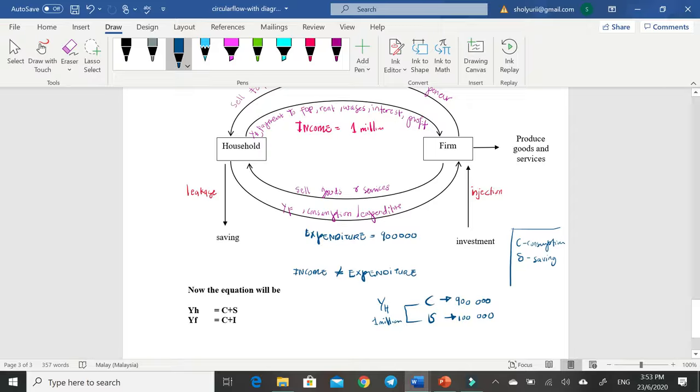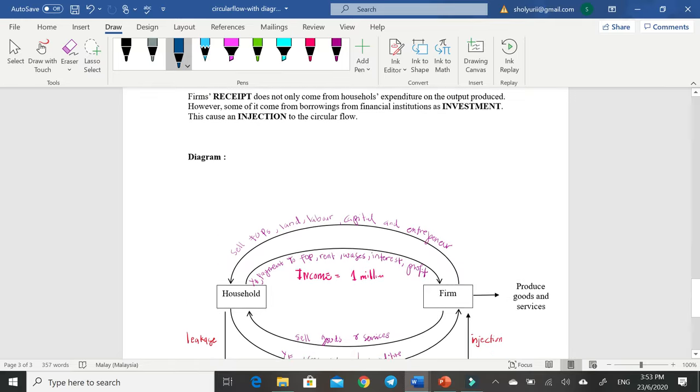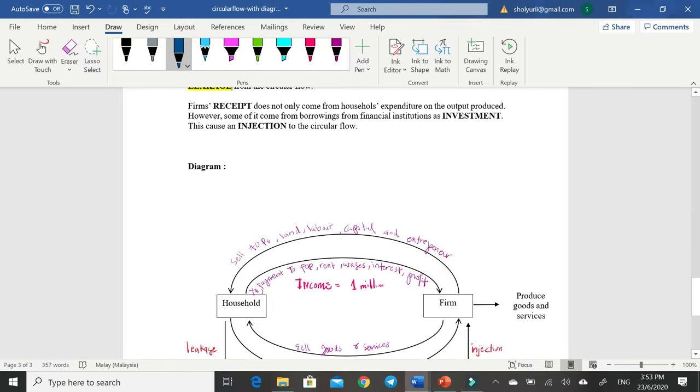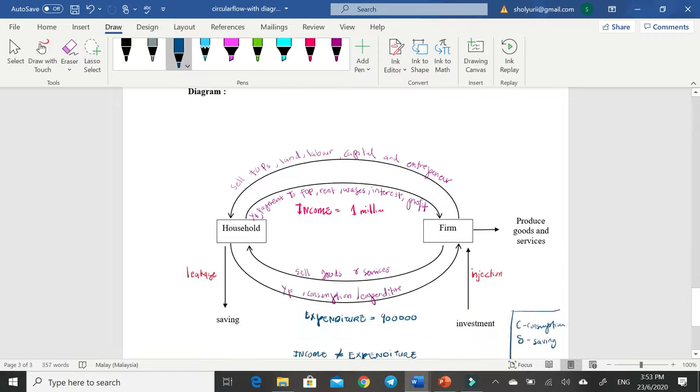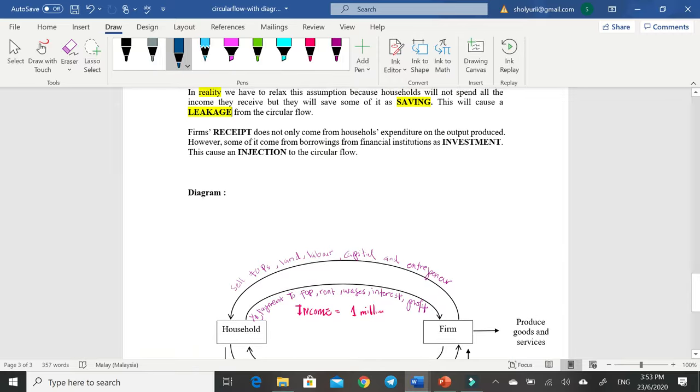And then it said here, okay, firm receipt, maksudnya duit yang firm dapat does not only come from household expenditure, bukan daripada consumption sahaja, bukan daripada expenditure sahaja, but they will also come from borrowing from financial institution.